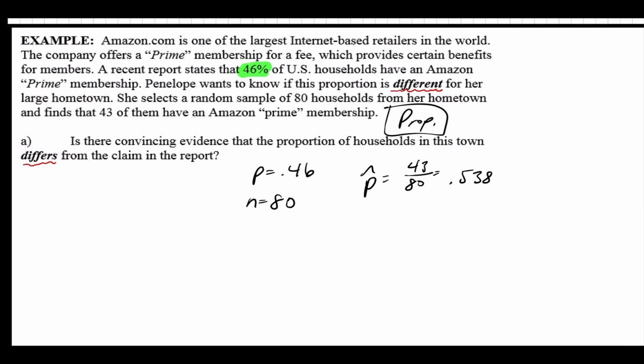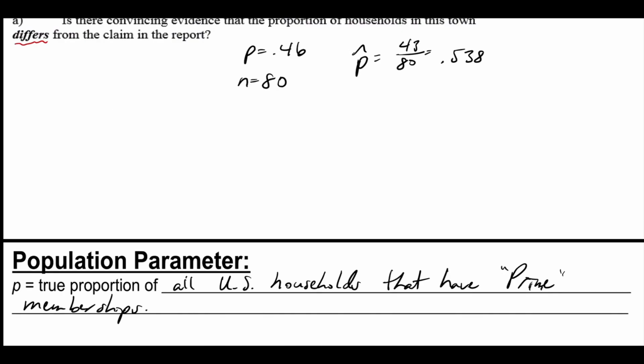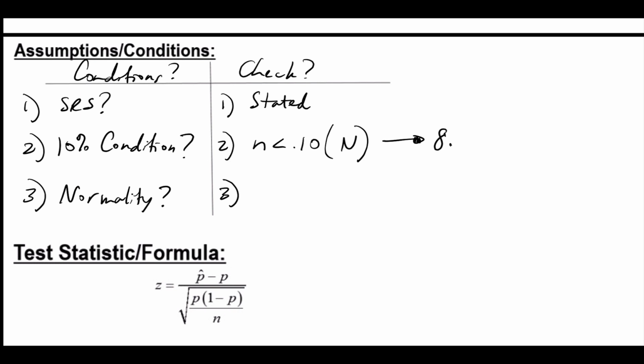It says a random sample, so stated. Random sample of 80. 10% condition, so we have to show that n is less than 10% of big N. Well, we know that little n is 80, because that's the sample size.